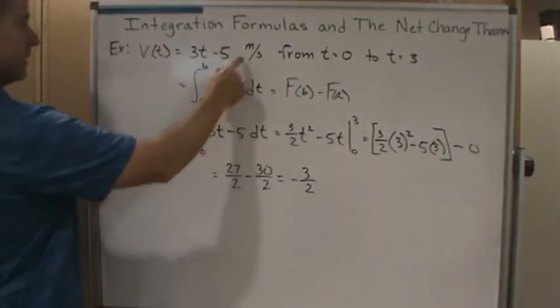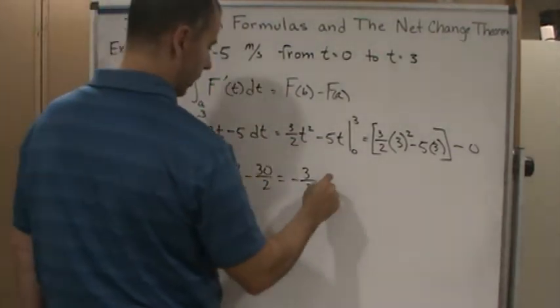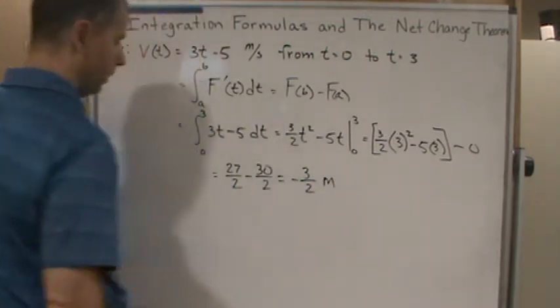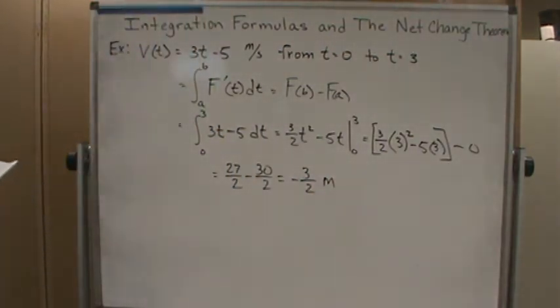And since this is in meters per second, we know that this is going to be in meters. So the net displacement of this particle is negative 3/2 meters, or negative 1.5 meters, or 1.5 meters in the negative direction from its starting point.